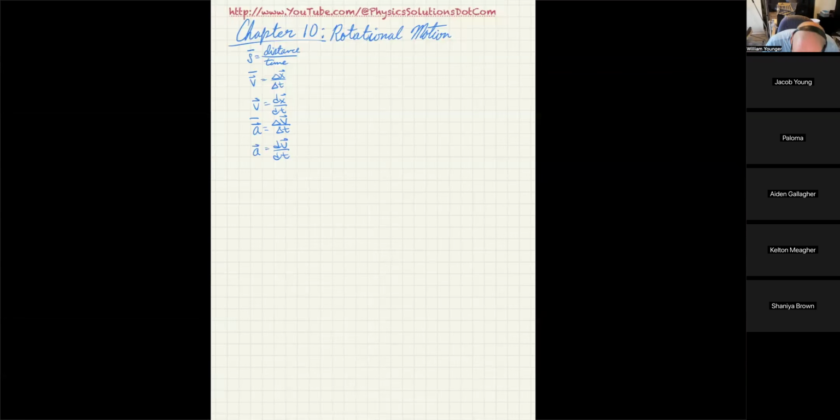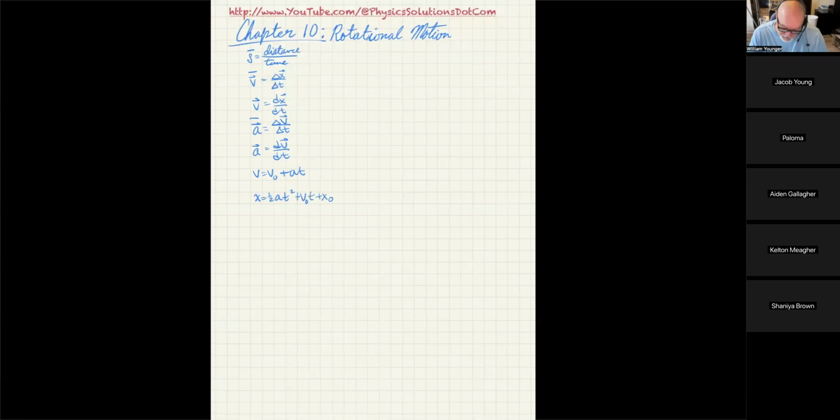And from this, we were able to come up with the conclusion that v is equal to v0 plus at. That's for a constant acceleration, but it also happens to be the exact same equation as the average acceleration equation. And then when we integrated that again, we got x is equal to 1 half a t squared plus v0 t plus x0.